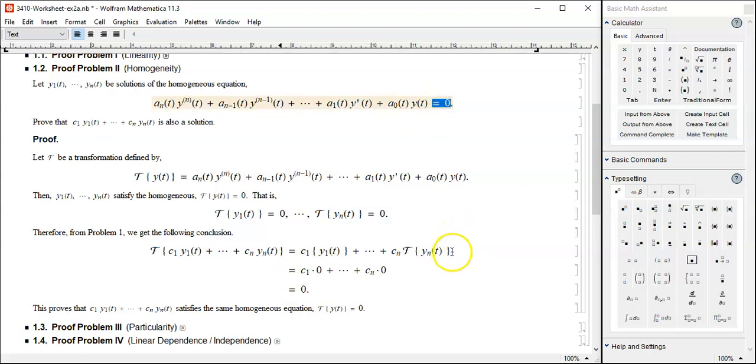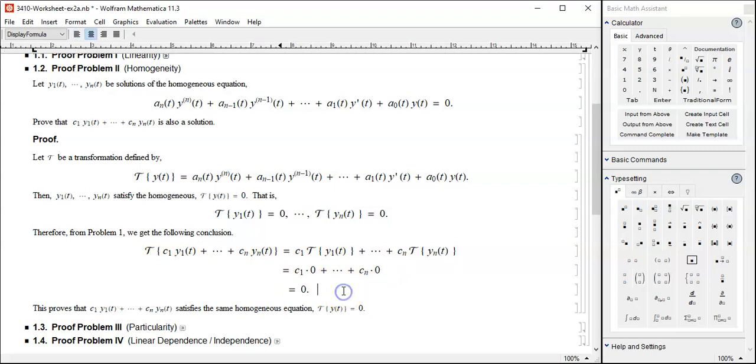The answer is yes, because as we proved in the previous problem, we can separate all these additions here, and then c1 times T of y1 and then c2 times T of y2, c3 times T of y3, and so on, all the way up to cn times T of yn.